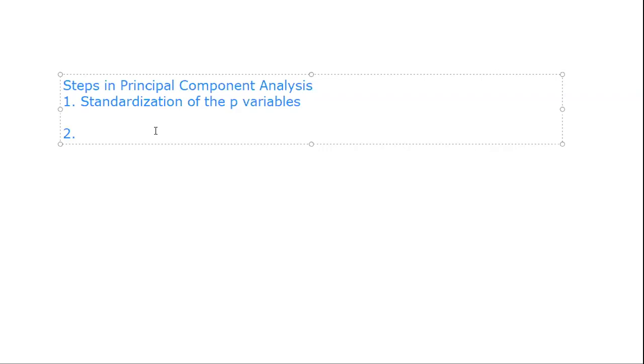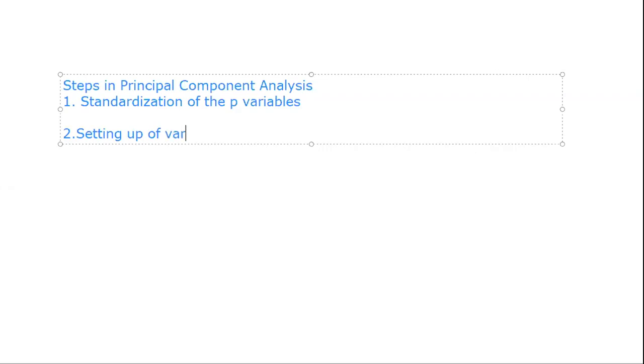Now, the next thing we are going to do after standardizing the variables, in step 2, is setting up of the variance covariance matrix.